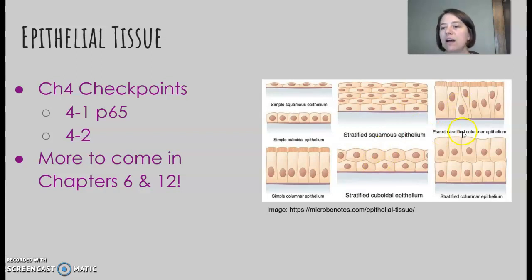And then pseudostratified kind of looks like multiple layers, but it's actually one layer. And then you've got some pseudostratified columnar epithelium. And then jumping down, this picture would be also stratified, multiple layers, so stratified columnar.